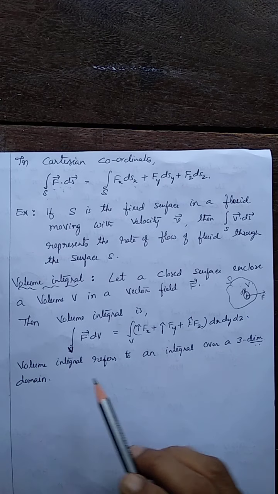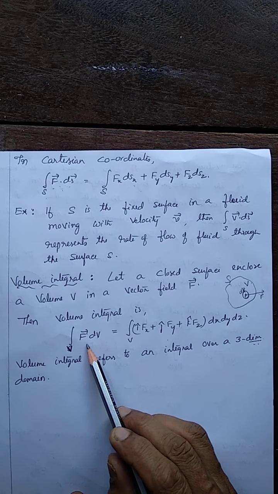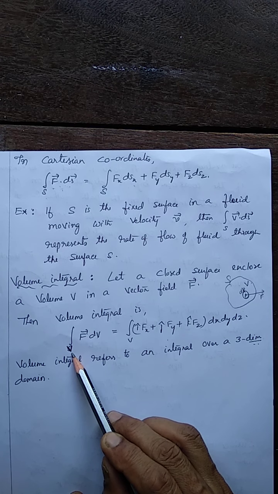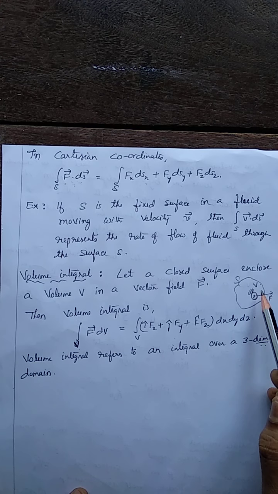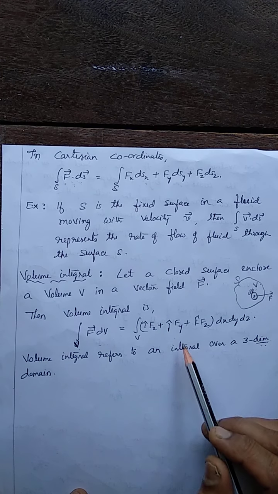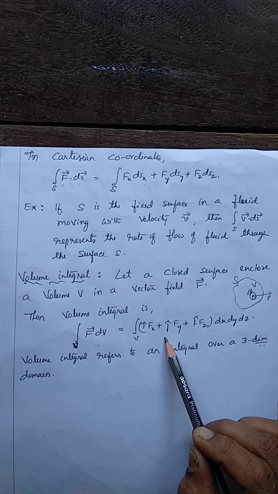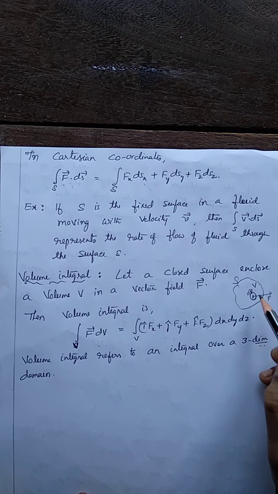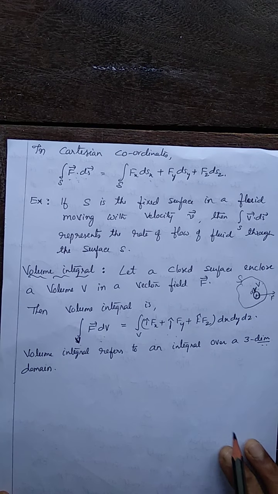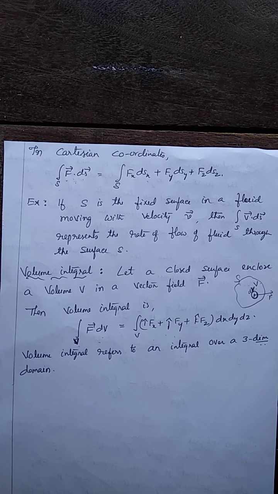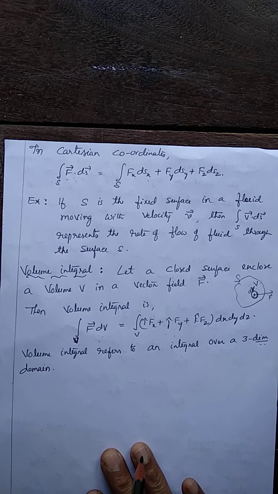Then the volume integral is given by the integration of F vector dV over the entire volume V. In terms of coordinates, dV, the volume enclosed by this surface dS, equals dx dy dz in 3 dimensions. This is about the volume integral, and these are the 3 types of vector integrals.